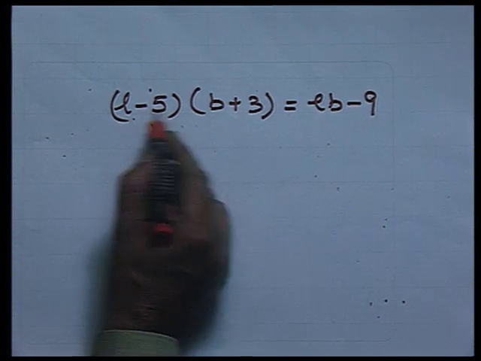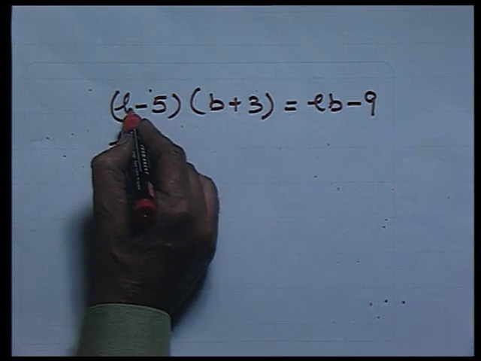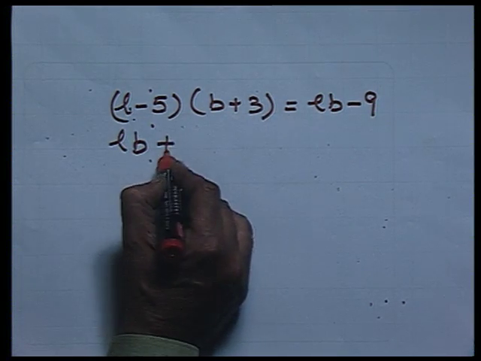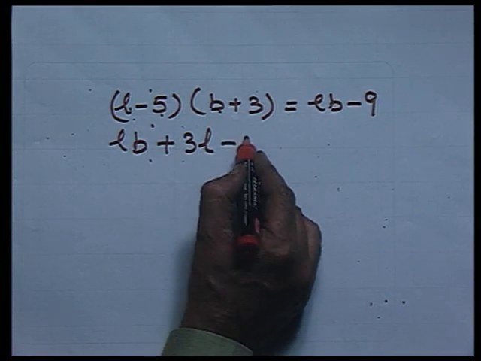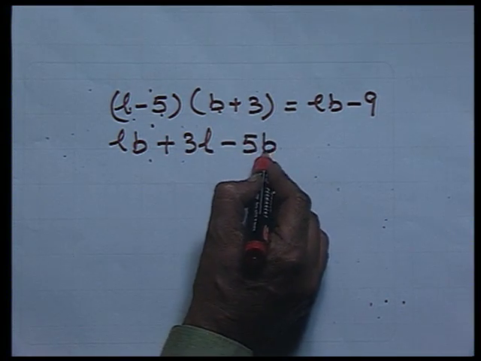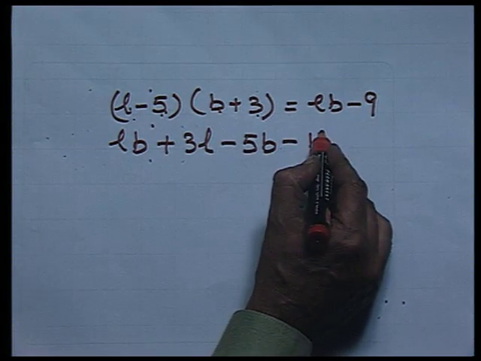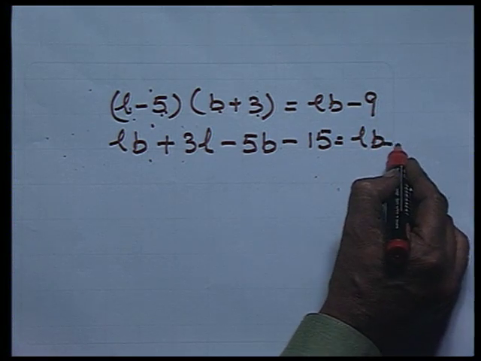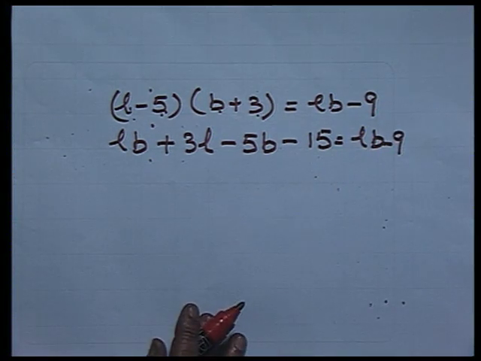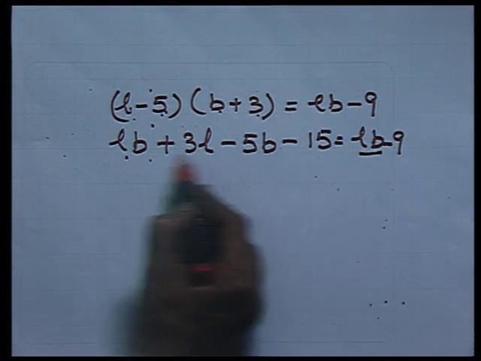Now, on expanding this, we will get L times B plus 3L, minus 5 times B, minus 5 times 3, that is 15, is equal to LB minus 9. Now, here LB, this quantity and this quantity, they are existing on both sides.